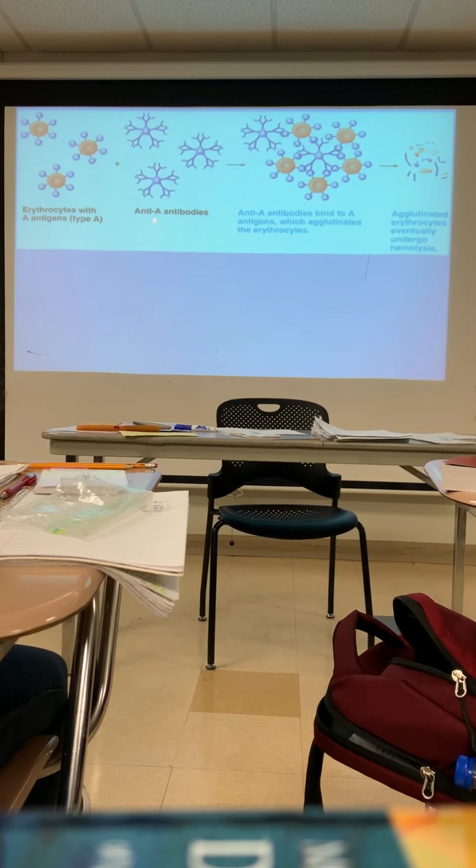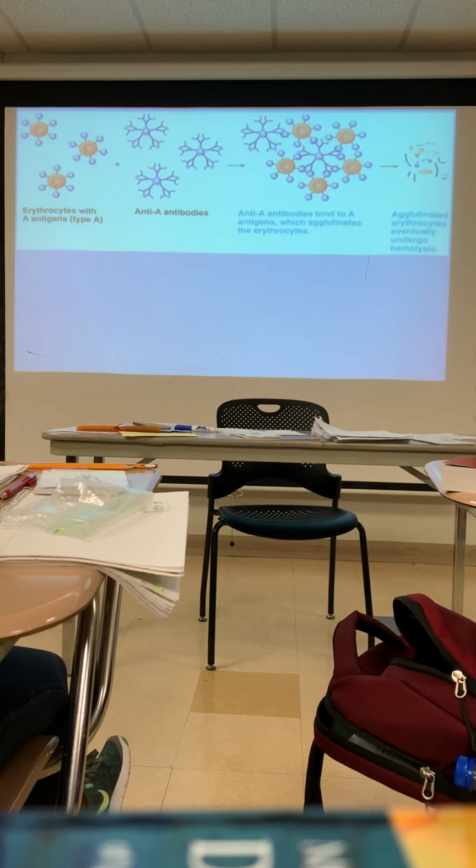If you place anti-A antibodies, it will bind to this and it will destroy this blood. So you have to put anti-B. Correct? Oh, understood.